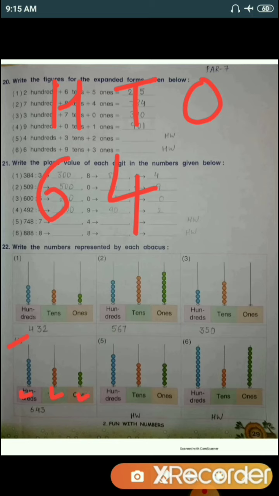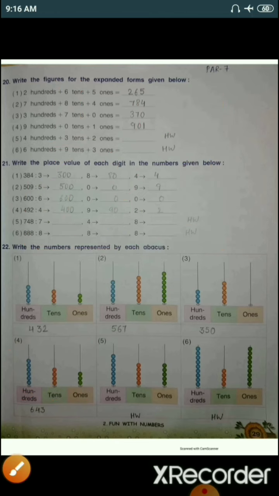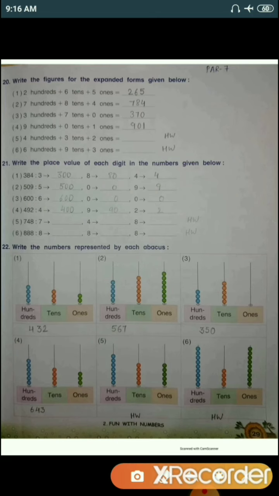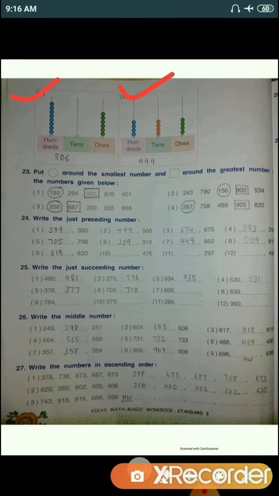And in the ones place there are total 3 beads represented. So we conclude with our number. So the answer is 643. So with this easy method you need to solve question number 5, 6, 7 and 8 by yourself.